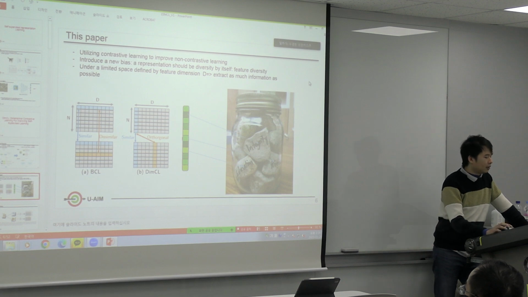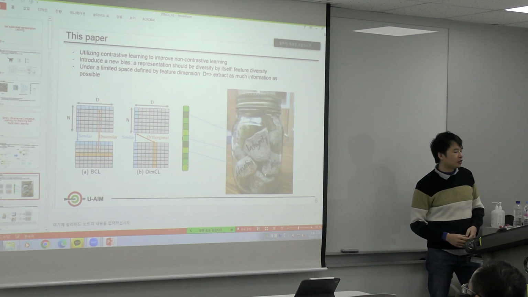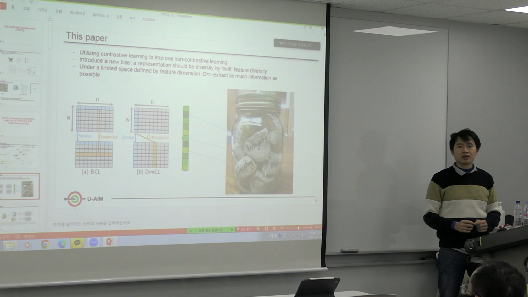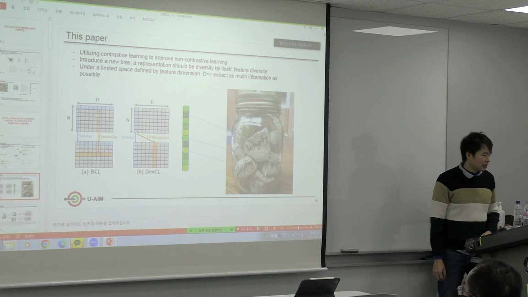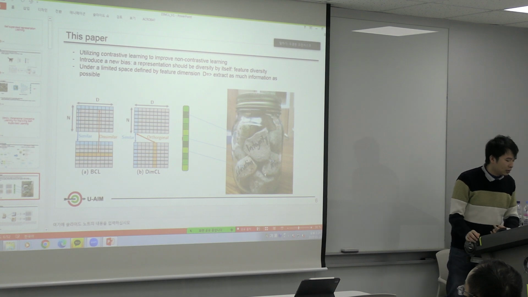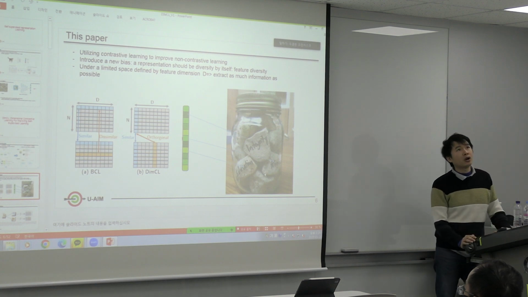Given limited space, let's say the embedding space, we have limited space defined by the feature dimension D. A vector just has to contain D information.